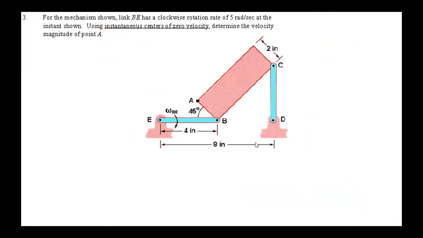Can anybody tell me right away where the ICR is on this one? It would be like right in the middle of BC. I think it would be exactly at D. Mm-hmm. Can you see why that is?